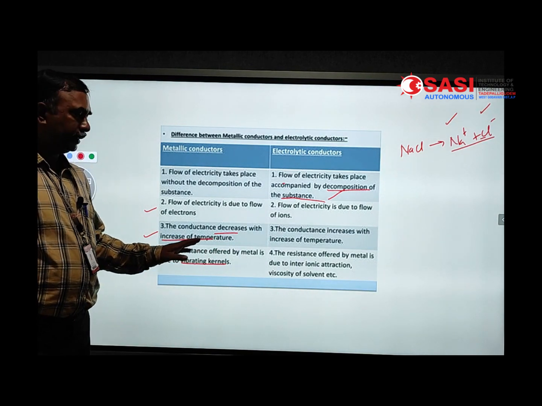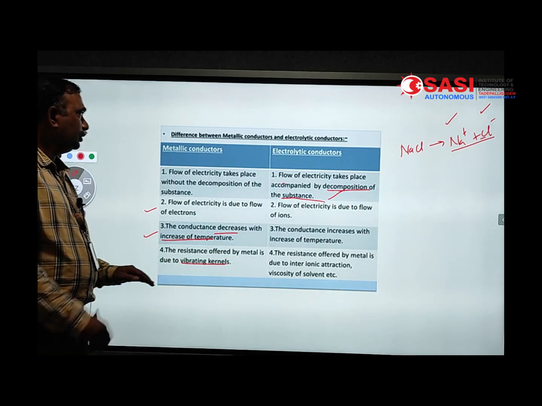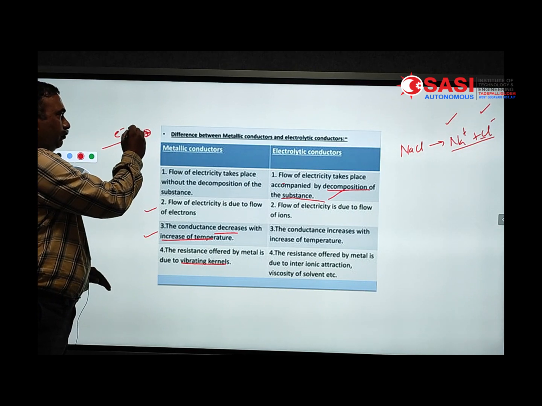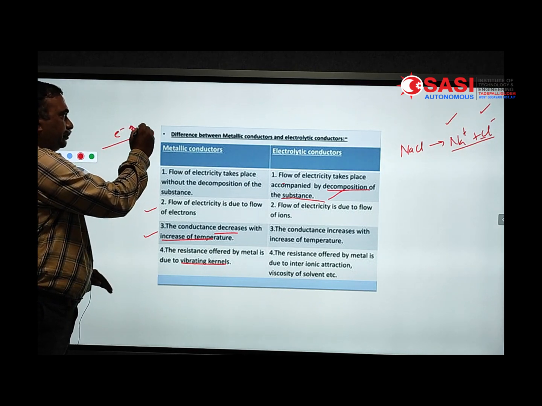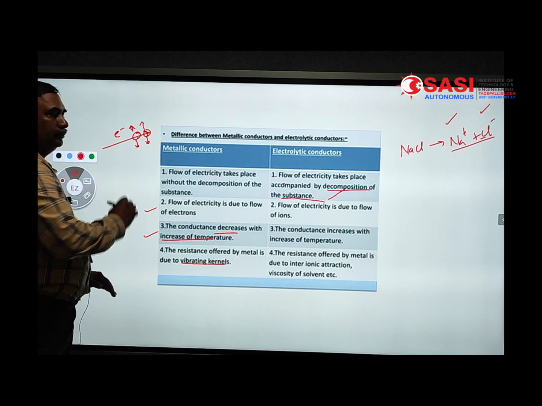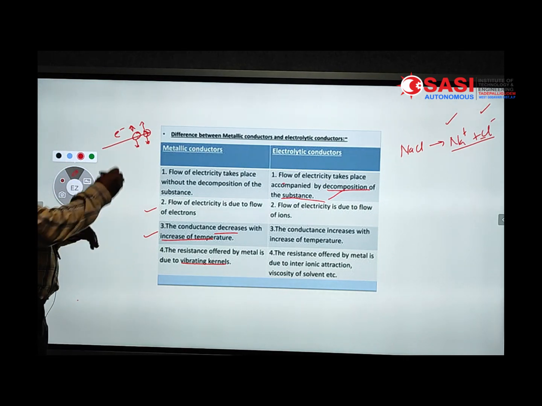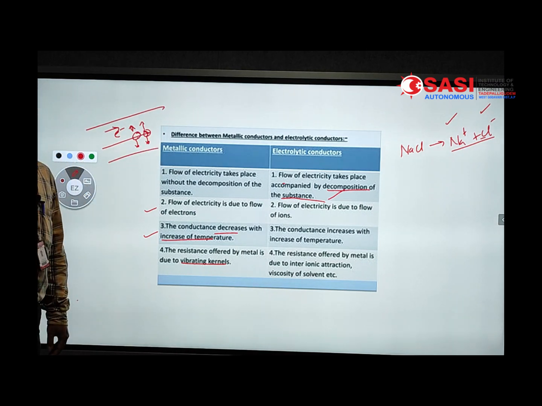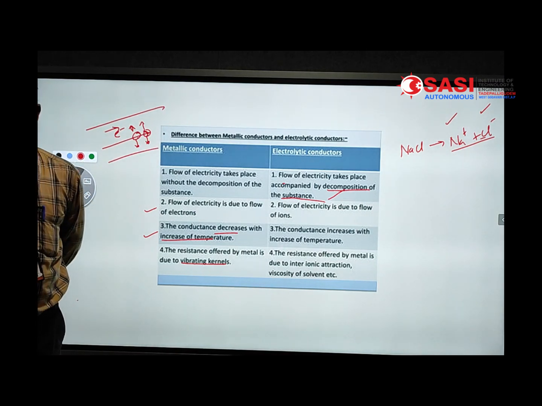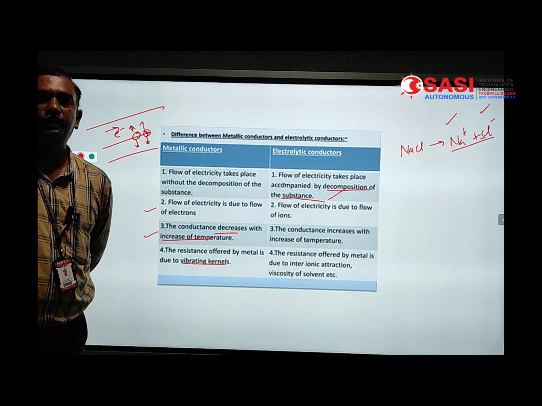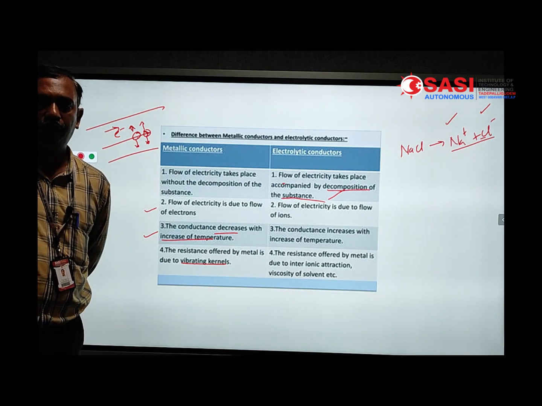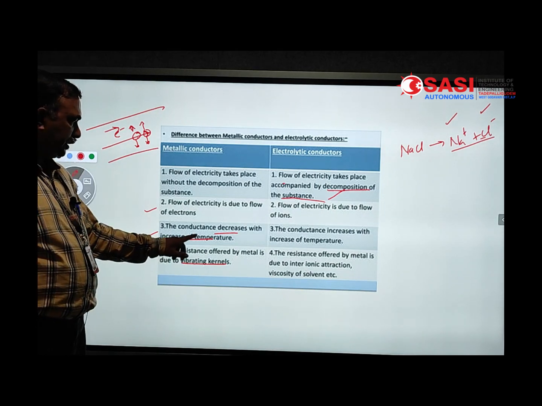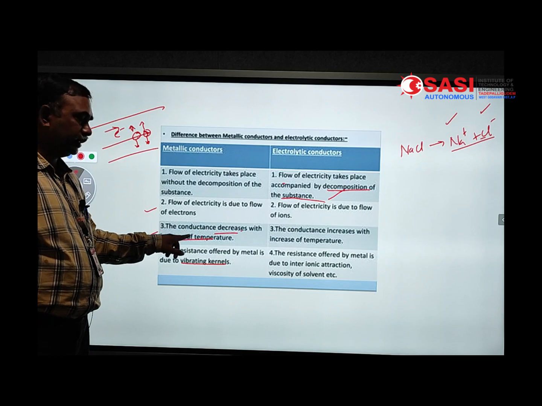The flow of free electrons in a conductor is hindered by the vibration of atoms present in their path, which offer a resistance to the moving electrons. So if there is an increase in temperature, the atoms vibrate and interfere with the flow of electrons. As a result, with increasing temperature there is a decrease in conductance.